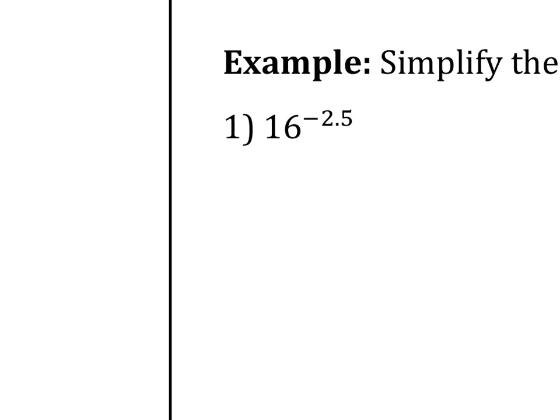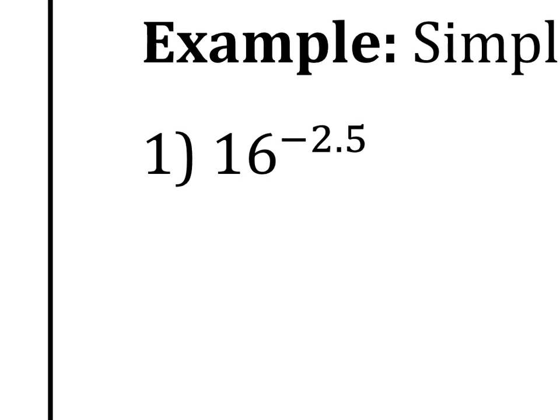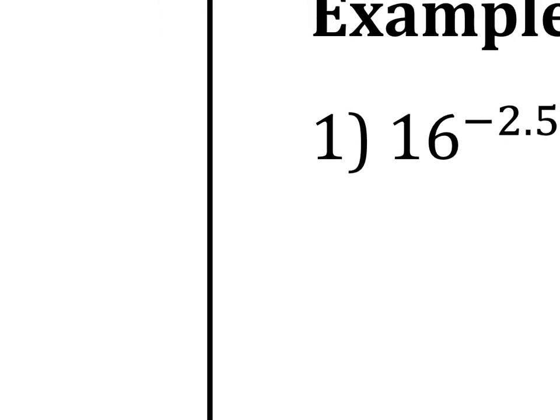All right, now let's look at these examples. These are actually pretty tough. So we're going to do a few together, and then you're going to do some on your own. 16 to the negative 2/5. Anytime you see a number that is not a nice number, like 2 or 3, such as 16, you need to remember to change it to exponent form.